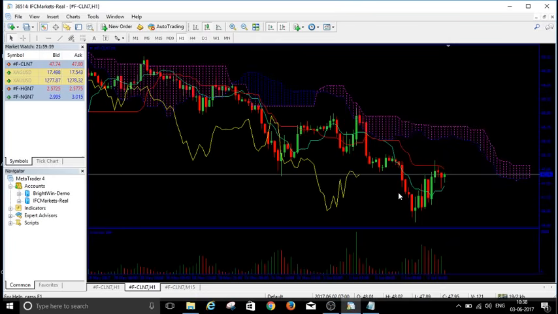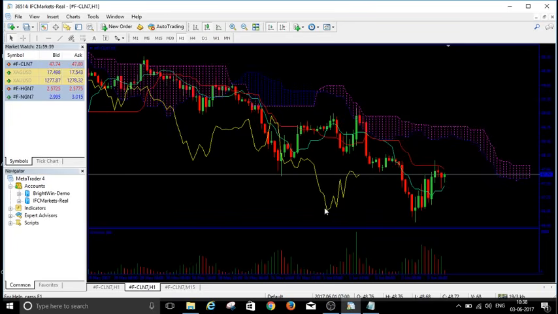See here, now I will tell you how this Chikou Span, this yellow line, will help us to save ourselves from some trades that are not secure. Suppose what happened here, Tenkan Sen crosses over Kijun Sen. Okay, but Chikou Span is still down. It's still showing a downtrend.